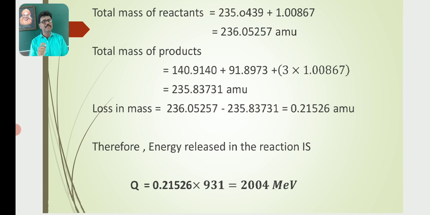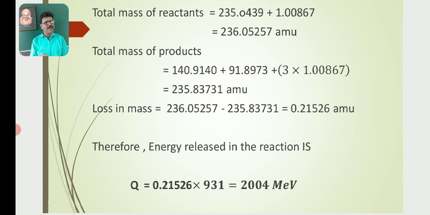The total mass of reactants must be greater than the total mass of the products. That means after the reaction, a certain mass has disappeared. Based on Einstein's mass energy relation, that disappeared mass is converted into energy.